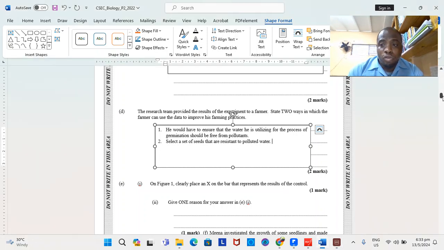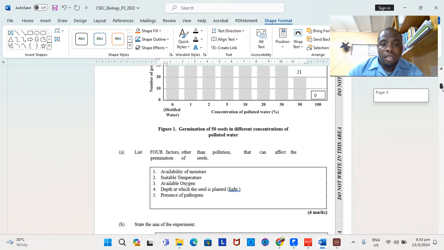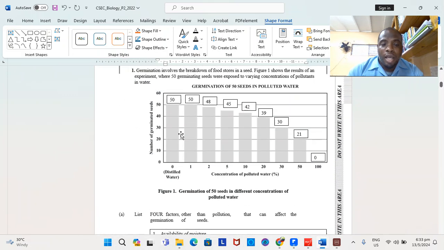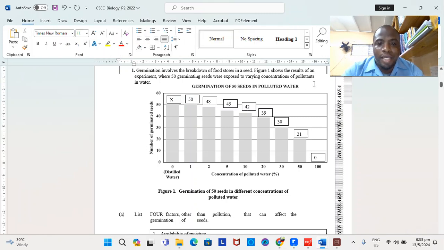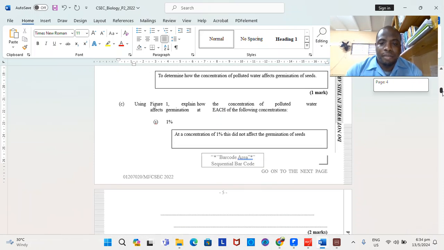So you go to the table and any one of these that you would have assumed is the control, you take your pen and you put an X. No tick, no underline, no shade, just follow the instruction, we place an X. Sometimes not following the instruction may cost us a mark or two in the exam.